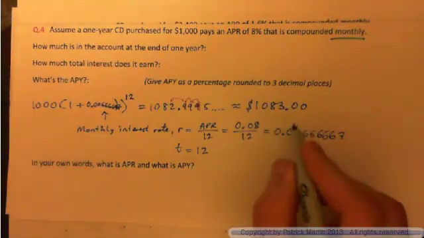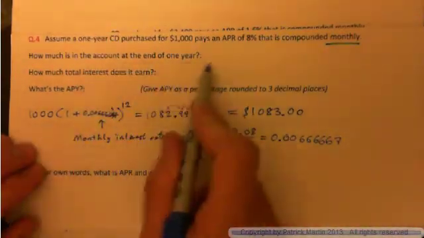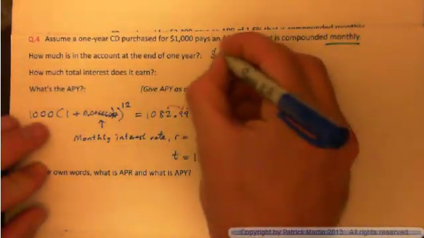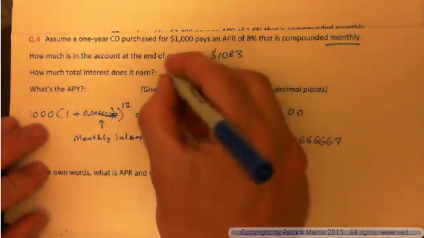So it's $1,083. So how much is in the account at the end of 1 year? $1,083. How much total interest does it earn?